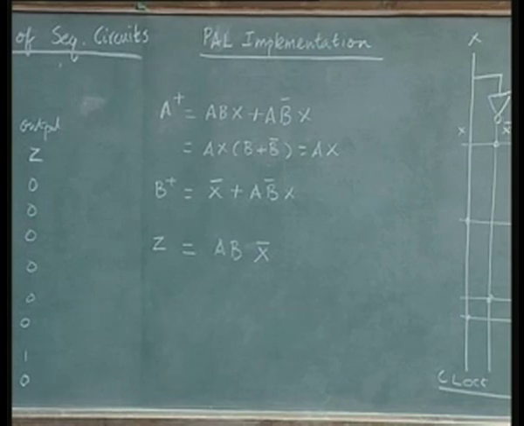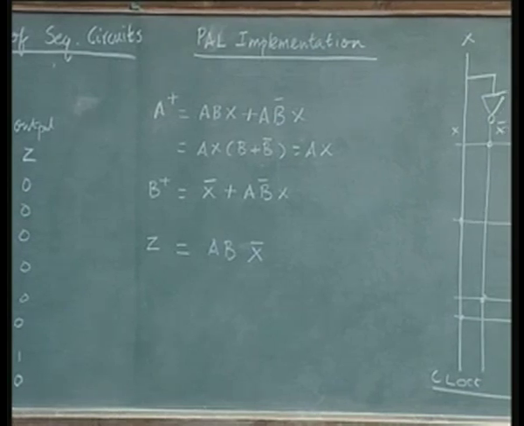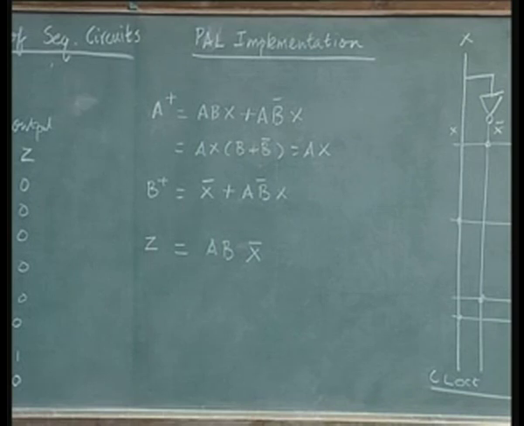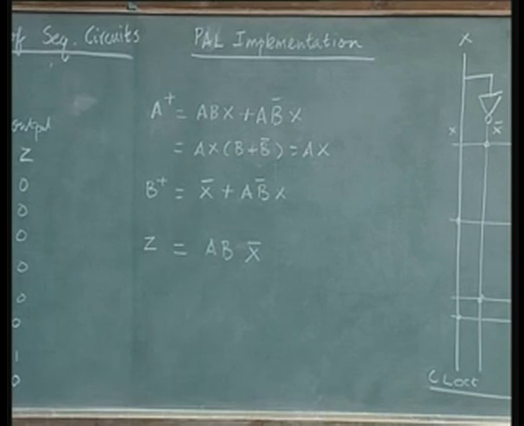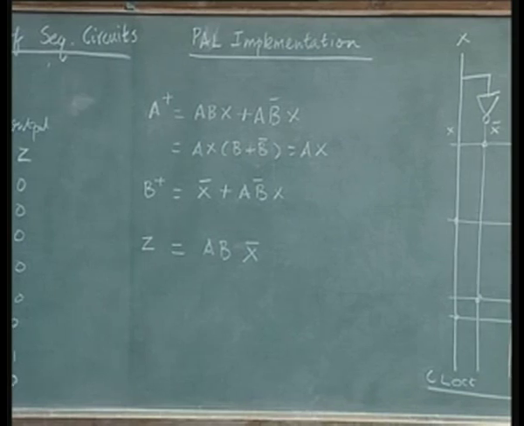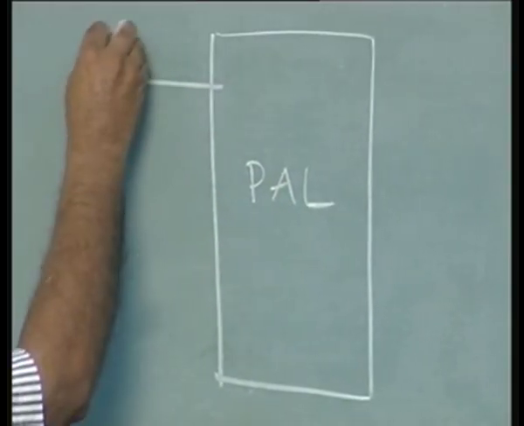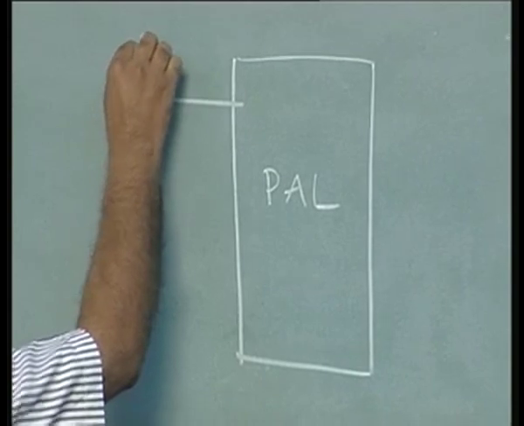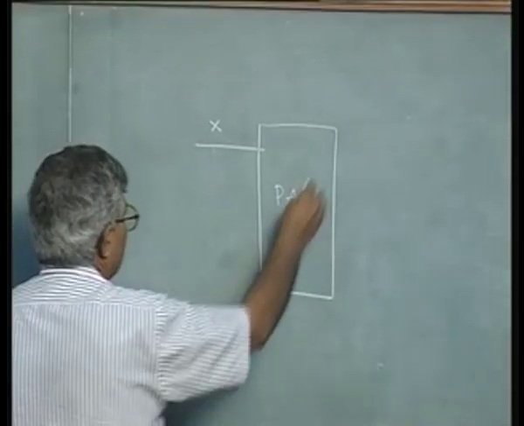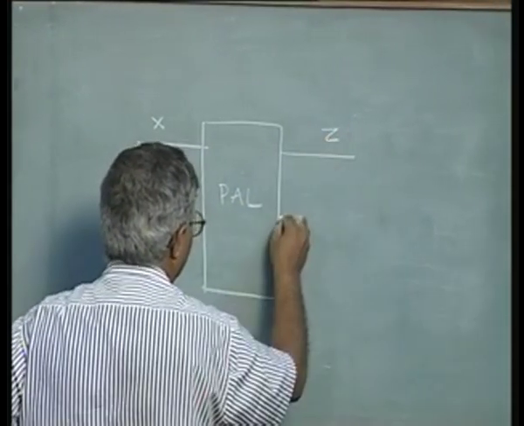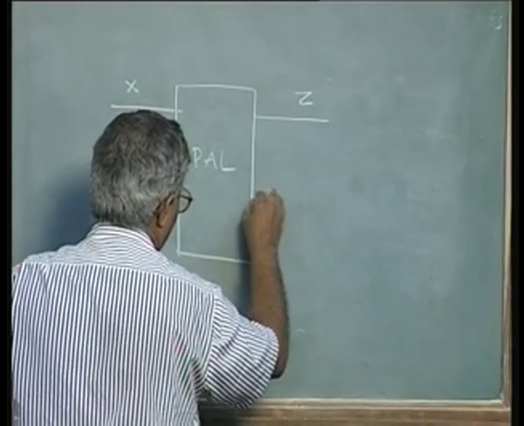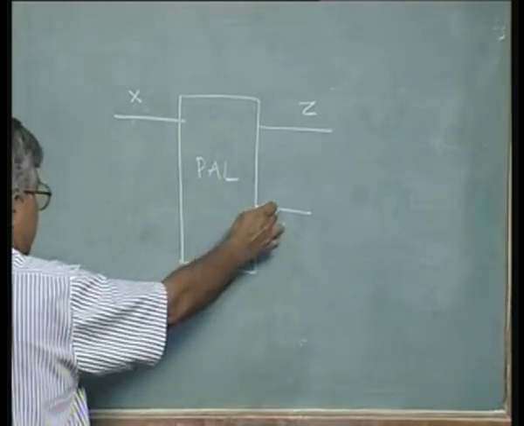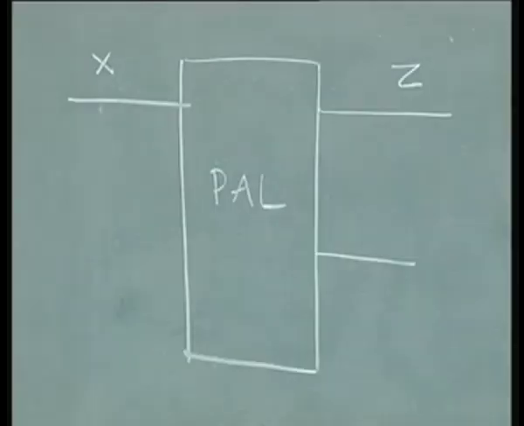as given, we can realize the whole circuit. So I have here one PAL in which I will have the following inputs, X, and Z as the output, nothing else, because this A going back is internal.